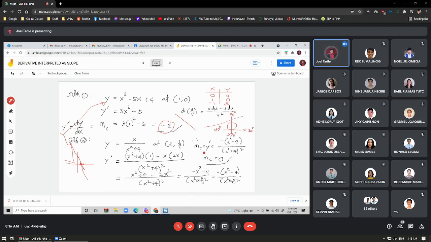Okay, so kung positive slope between 0 to 90 degree, so going to the right, towards the right. Kung 90 to 180, that's negative slope. Going to the left. So, any question, guys, before we'll proceed?